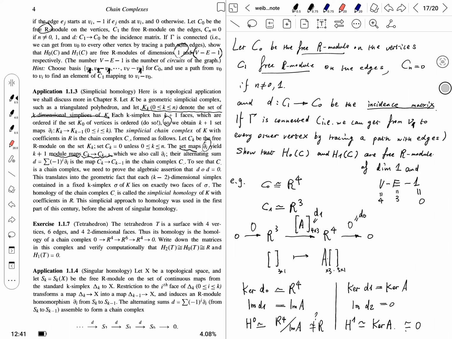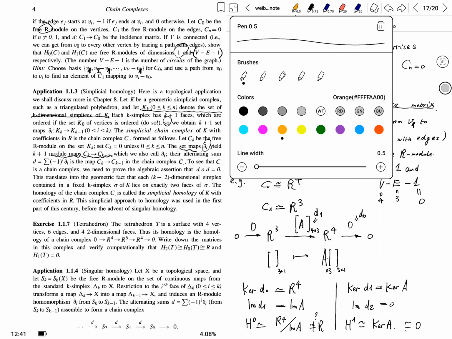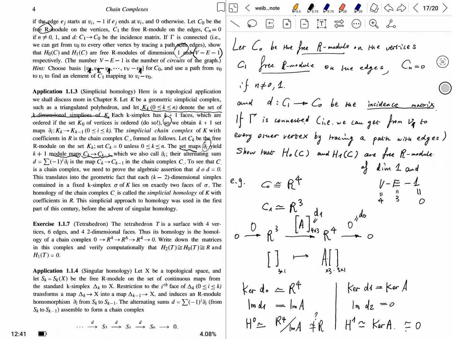Okay. So it is connected if we can start with V1 and arrive at any other Vj, j greater or equal to 2. Then it is called connected.